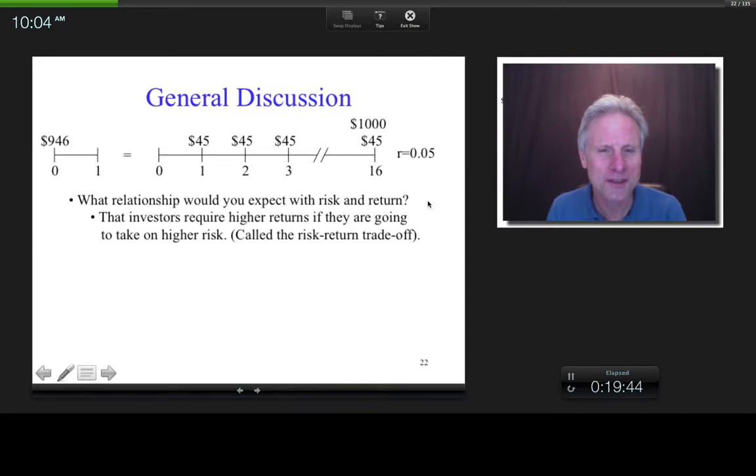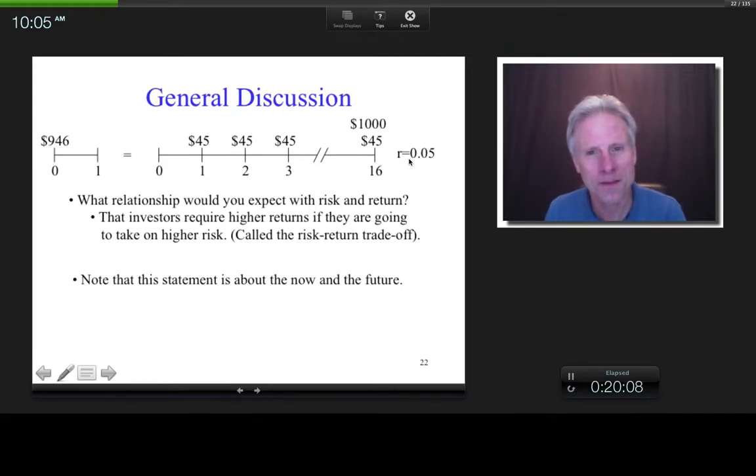And notice that statement, is that about the past or about the now and the future? Well, as we can see in the diagram, it's a statement about the now and the future. Why? Because this discount rate, what kind of data did we use? Did we use historic data or now and future data? Now and future data.